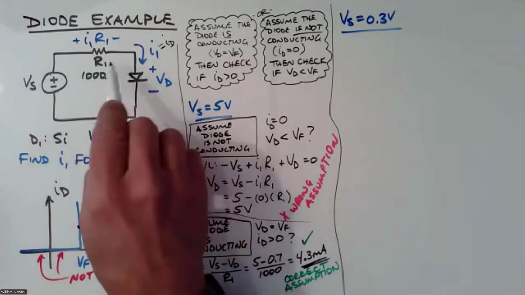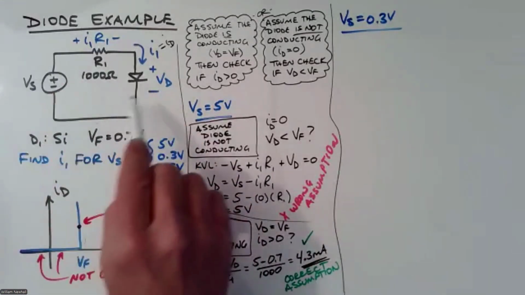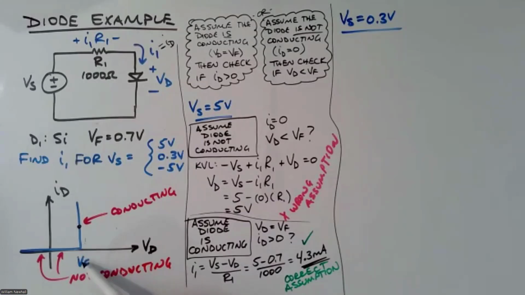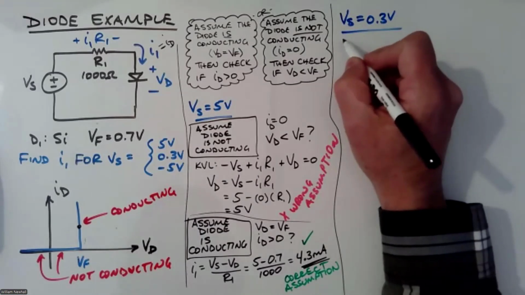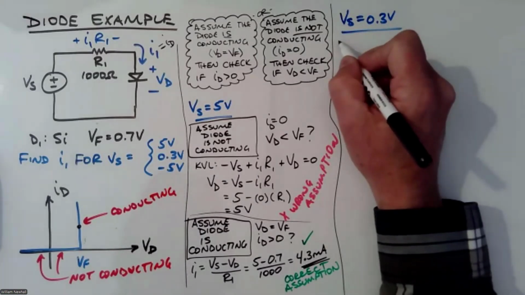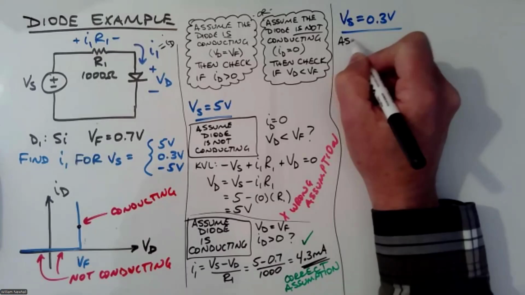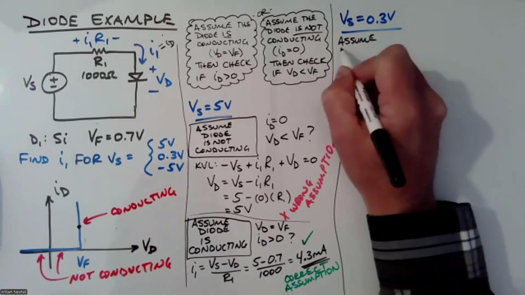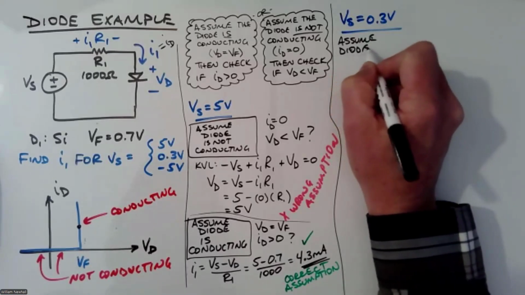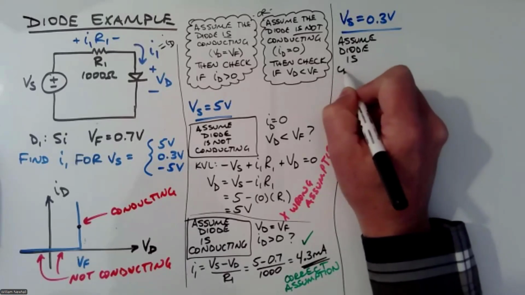There's no other source here, there's only a resistor. I don't think there's any way I'm going to get 0.7 volts VF across that diode. So I think that diode will not be conducting. But just like we did before, let's make the opposite assumption. Let's assume that the diode is conducting and see what happens.